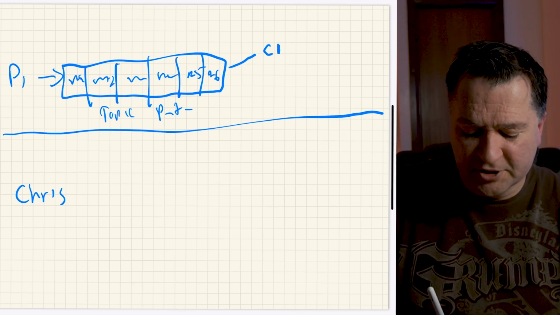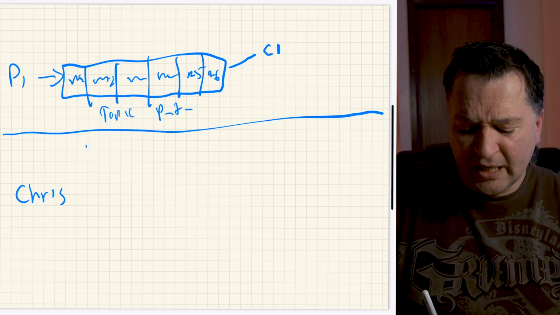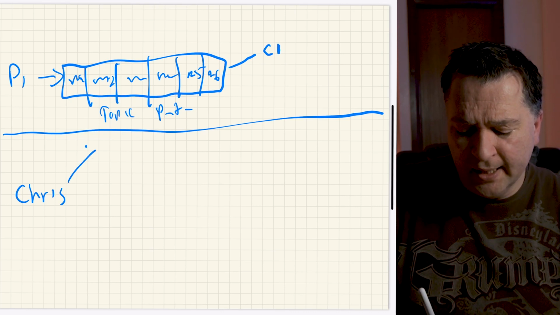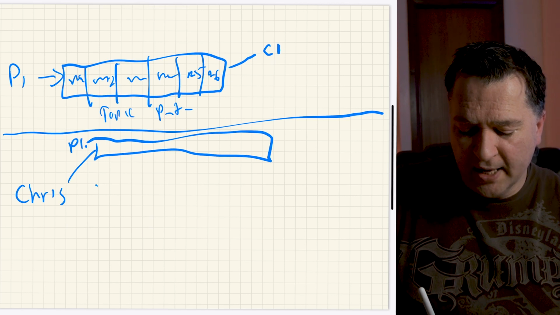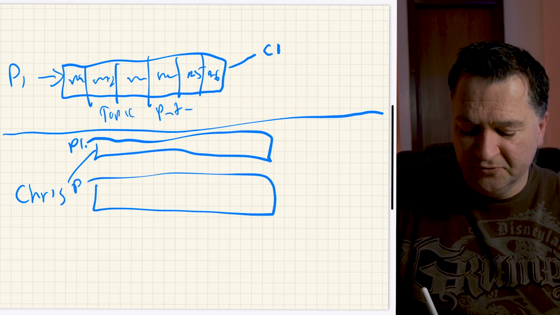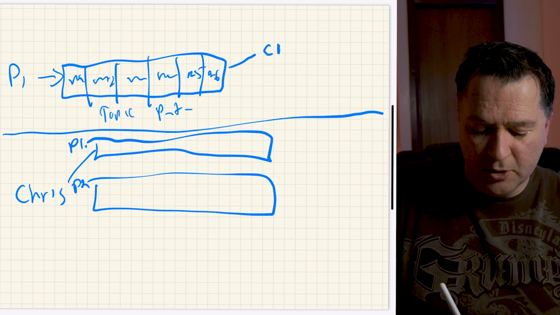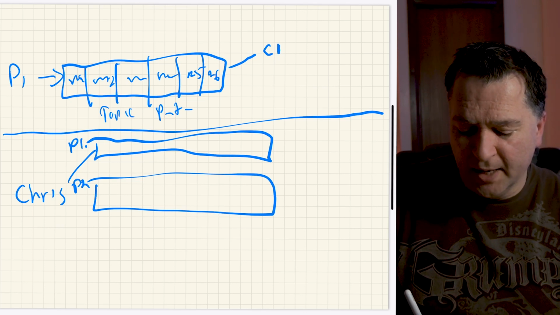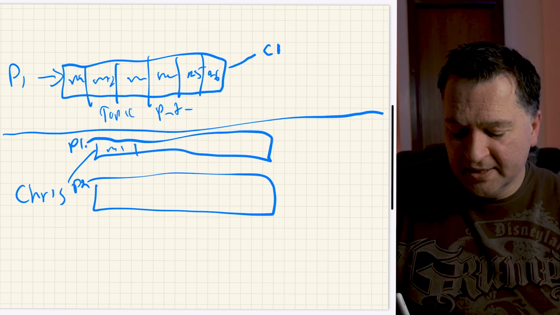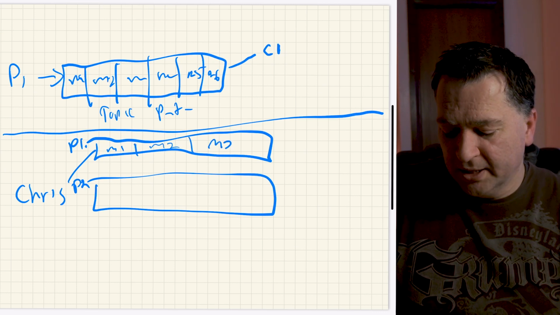So if you think about that for a second, we could have a new partition here. Let's call this partition 1. And we have partition 2 for the Chris topic. And then I'm going to have message 1 here, message 2 here, message 3 here.